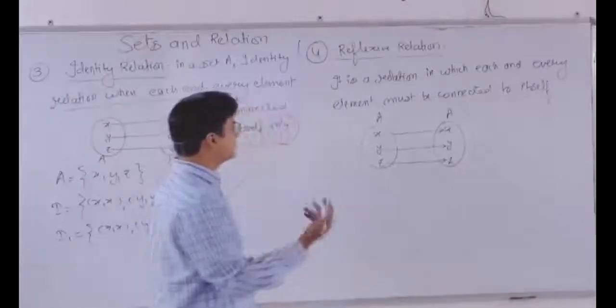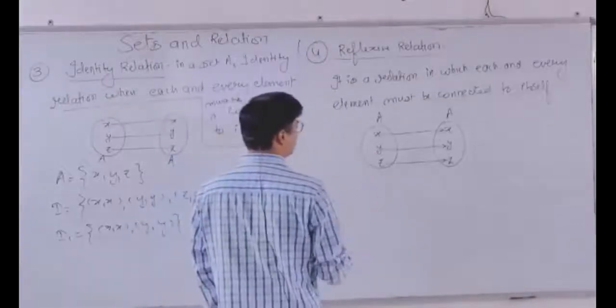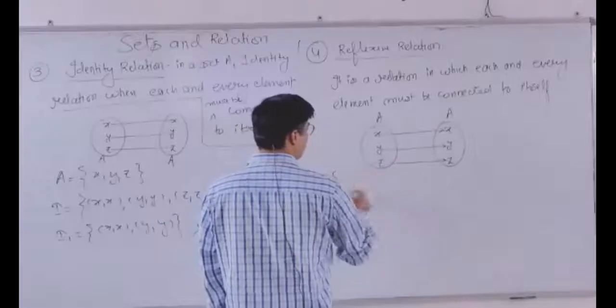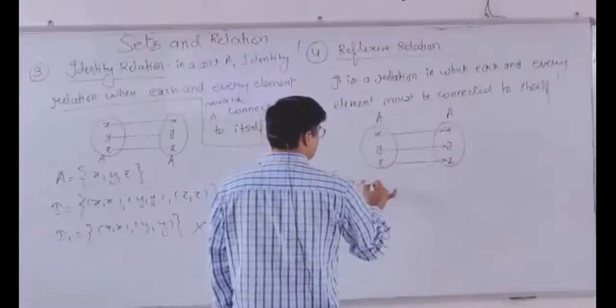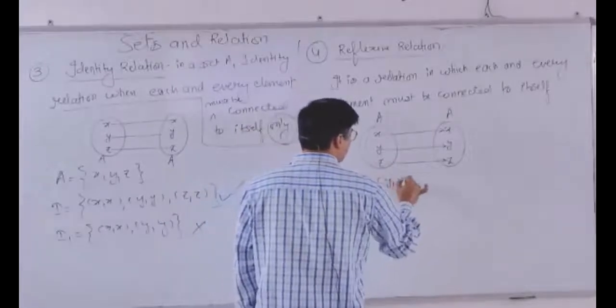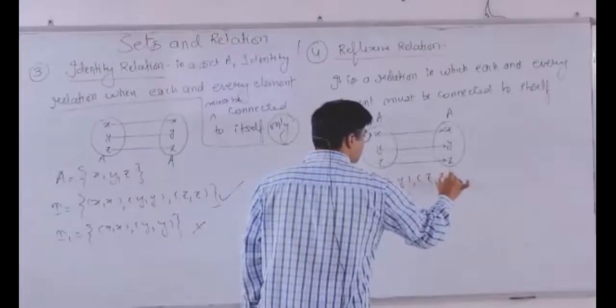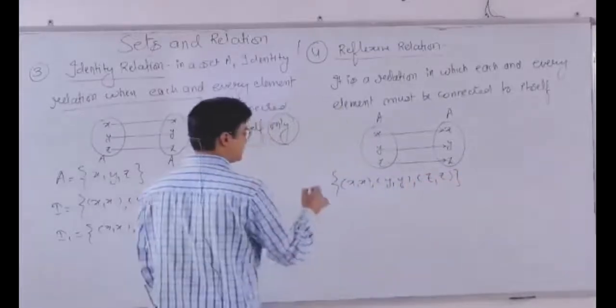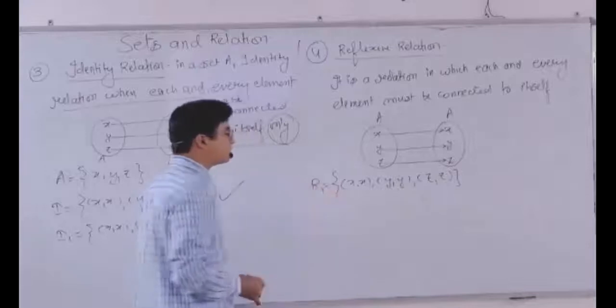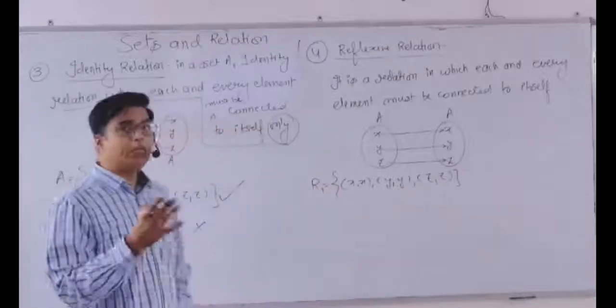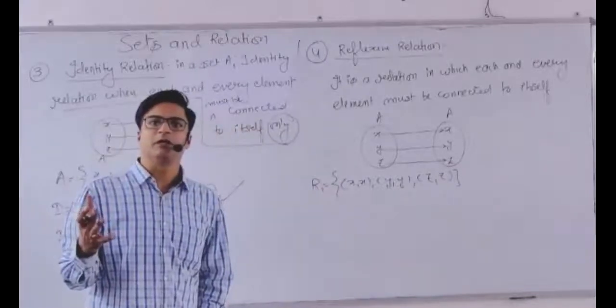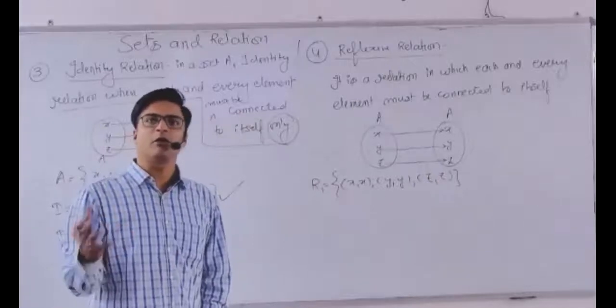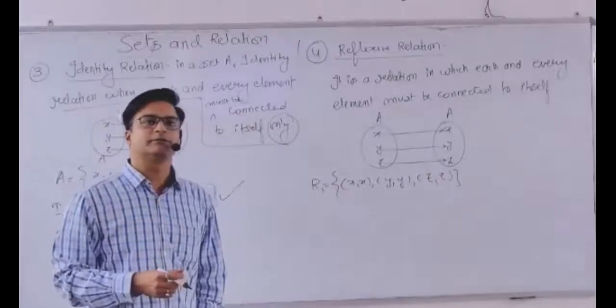Okay? So reflexive relation, if I define X comma X, Y comma Y, Z comma Z, let's say R1 I am defining. Okay? So minimum condition must be fulfilled. After that we have something or not doesn't really matter.